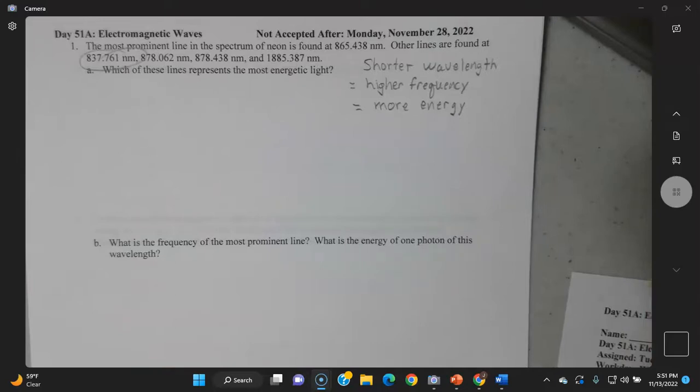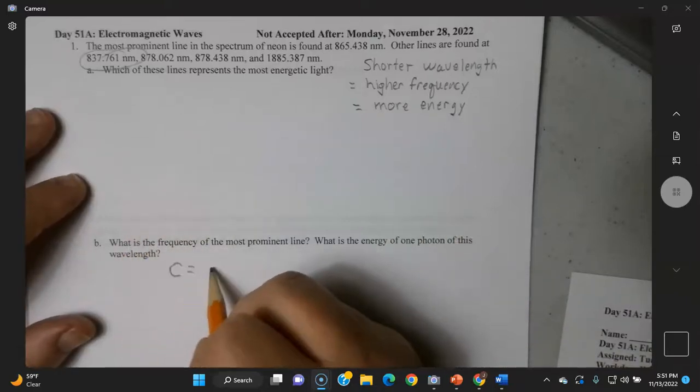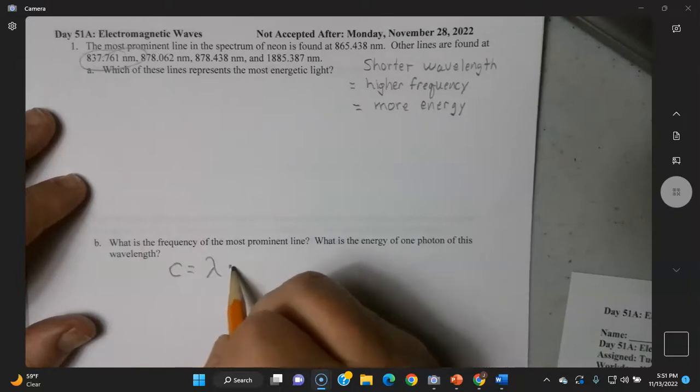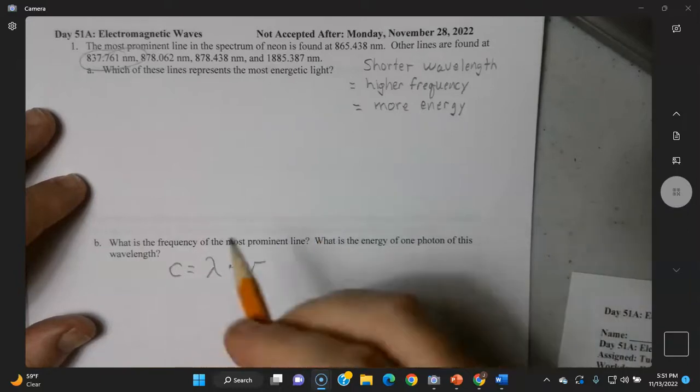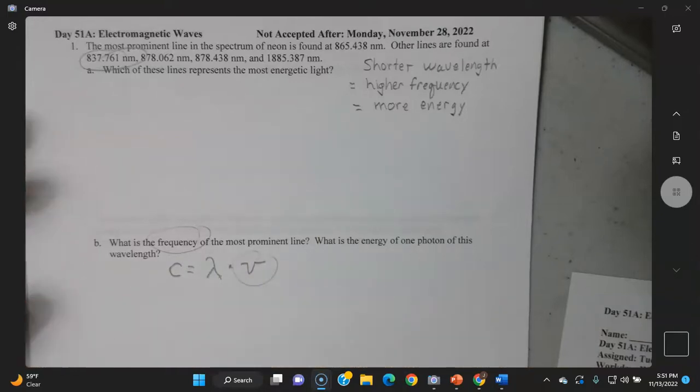All right. Okay, B. What is the frequency? I'll leave that one to you. You have a wavelength. Speed of light equals wavelength times frequency. So what is the frequency? You have to solve for that. C over lambda equals frequency. Plug in the numbers. What is the energy of one photon of this? So we've already done one like that.